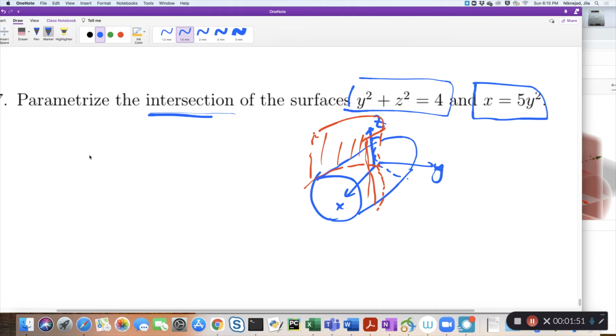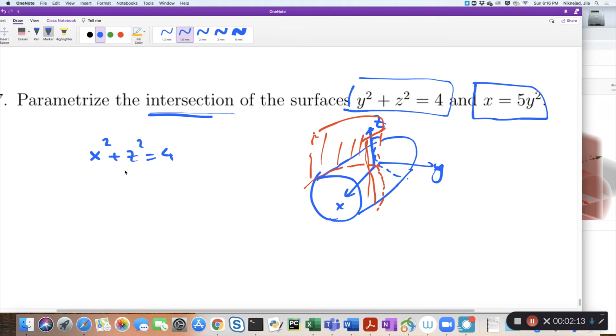So here, I have to parameterize each variable, and because it's a curve, it's just one parameter.